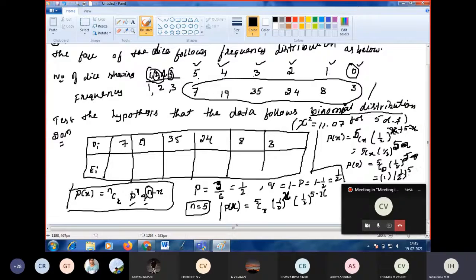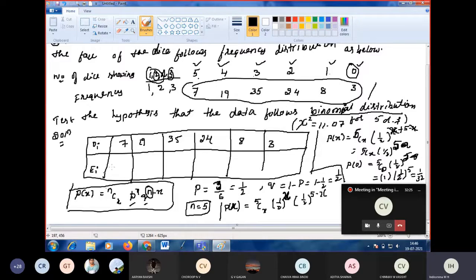What is 2 power 5? 1 by 32, right? 1 by 32.